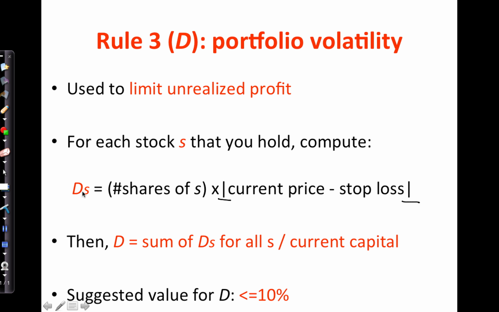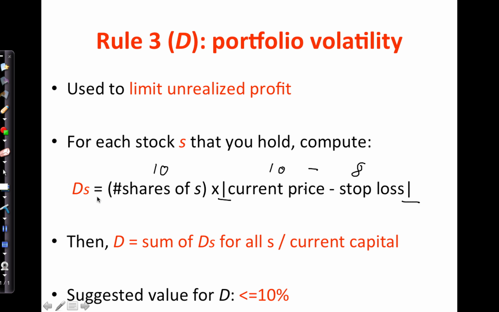And this basically represents your maximum loss, right? Because if the current price is, let's say, 10 and your stop loss is 8, okay, this is 10, this is 8, and you have 10 shares, the maximum drawdown that you can have for this stock is 10 minus 8, so $2 times 10 is $20.